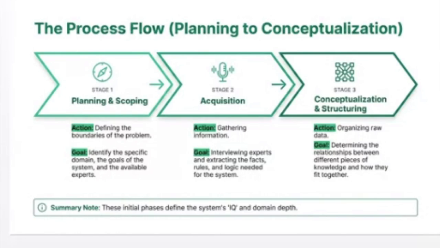Acquisition, which is the action being done here, is gathering information, and the goal is to interview experts and extract the facts, rules, and logic needed for the system. Conceptualization and structuring, the action here is organizing raw data. The goal is to determine the relationship between different pieces of knowledge and how they fit together. The initial phases define the system's IQ and domain depth.